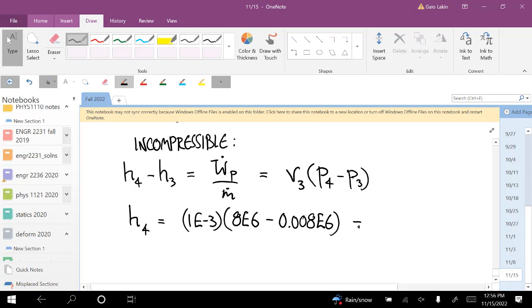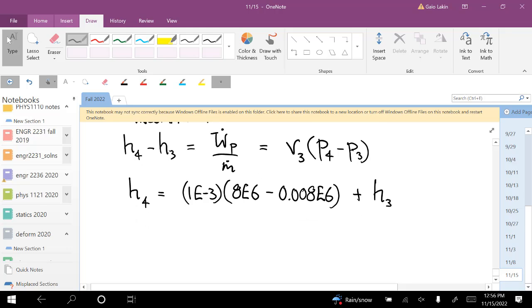And then you have to add on the specific enthalpy at state 3. And we have everything here. So H4 is 181,872.